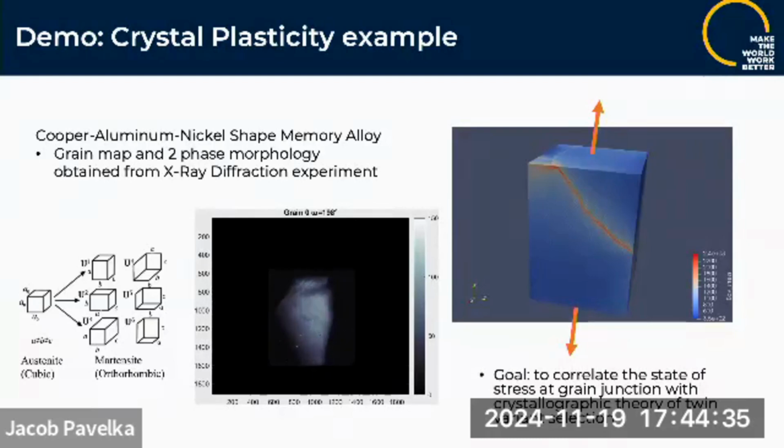So I have a group mate who is doing these experiments on copper, aluminum, nickel shape memory alloys. And we have this X-ray diffraction experiment that we did. We shoot our sample with some high energy X-ray, and then from the reflections that come off of it, you can see the morphology of different phases inside the material.